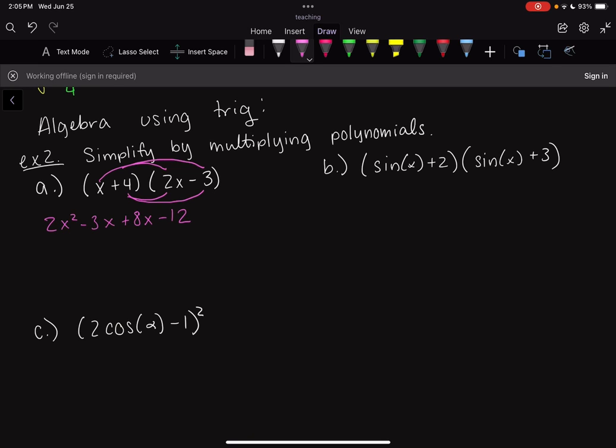So x times 2x was 2x squared. x times negative 3 was negative 3x. 4 times 2x was 8x. And then 4 times negative 3 was negative 12. And then you want to simplify. So 2x squared plus 5x minus 12.